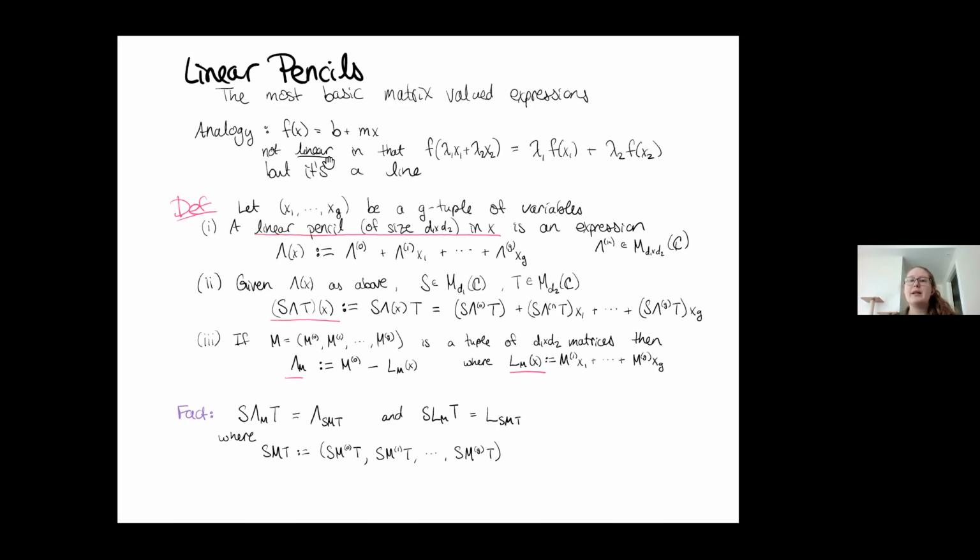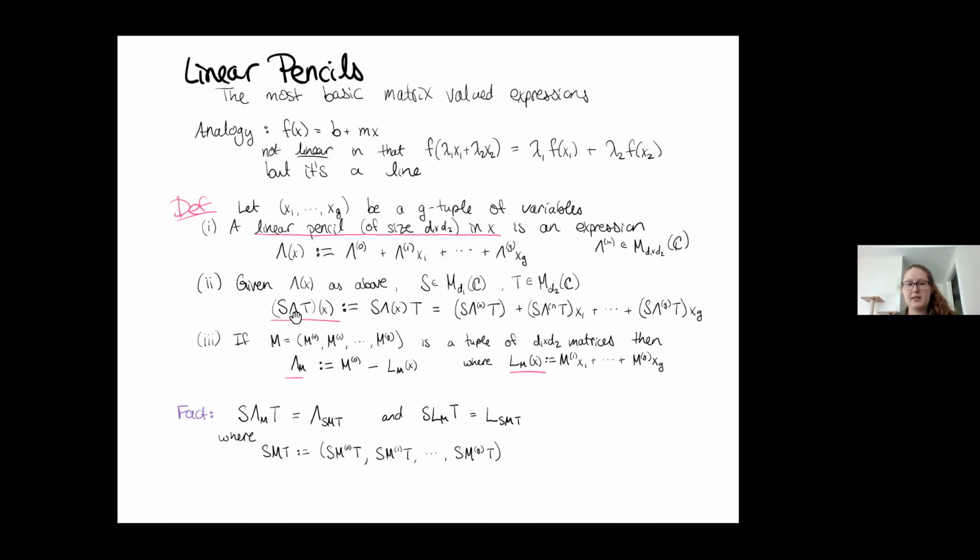It's not really linear in the sense that your linear transformations from linear algebra class are linear, but it's a line. It's affine linear. So you do exactly the same thing. You say, all right, I want to have a constant term and then one term in each of my variables. My coefficients need to be matrices.